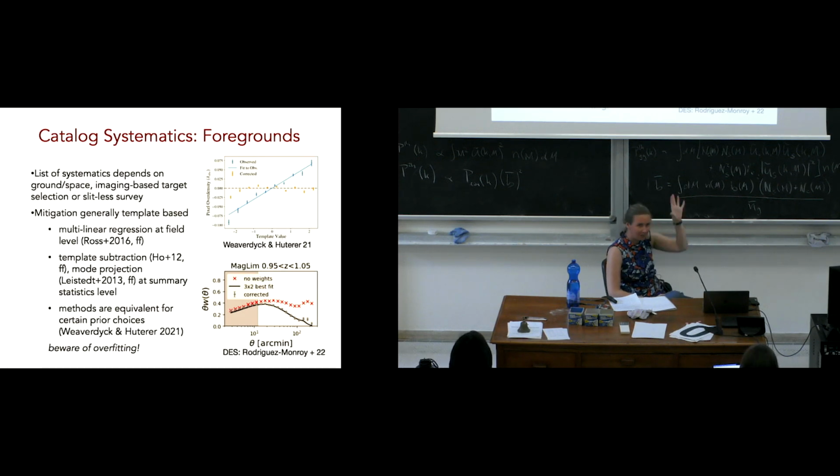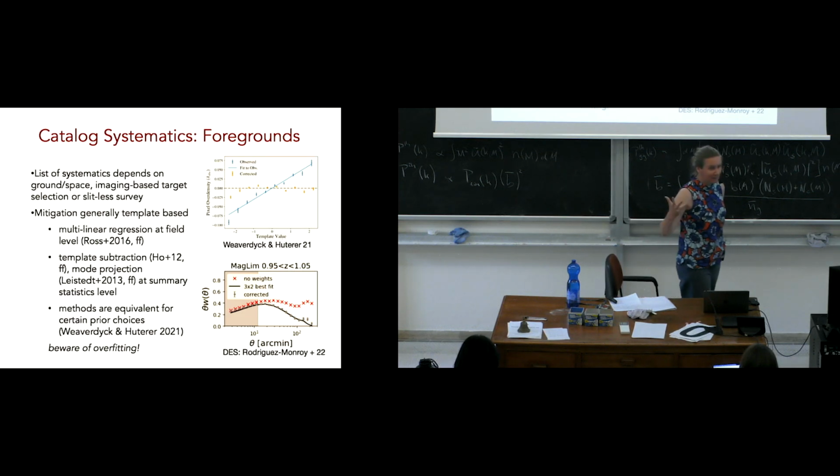Now, of course, if we have a list of 12 or more potential systematics that we want to correct for, one thing that we definitely have to worry about is overfitting. So we will need to understand when to stop, so we don't overfit and really screw up the significance of all this. And just to give you one example of how big this effect can be, here is the angular clustering of galaxies in the Dark Energy Survey.